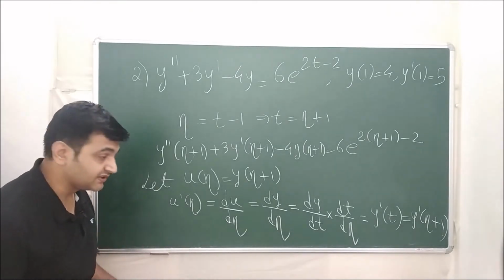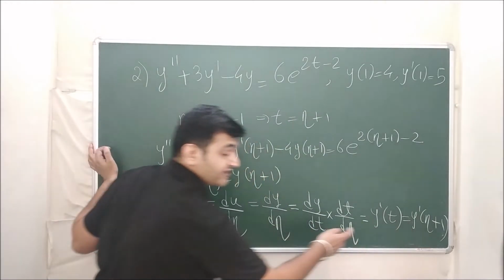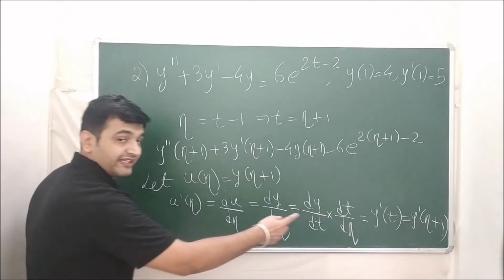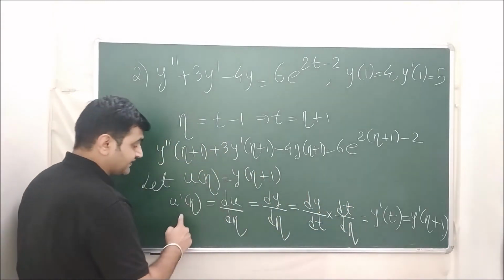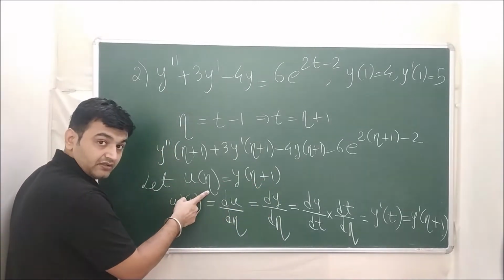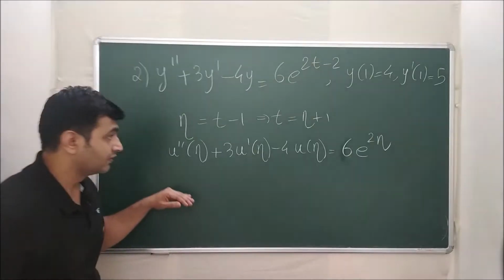Similarly, if I again apply the chain rule, my u double dash of eta will become y double dash of eta plus 1. Therefore I can replace y double dash of eta plus 1 by u double dash of eta, y dash of eta plus 1 by u dash of eta, and y of eta plus 1 by u of eta.